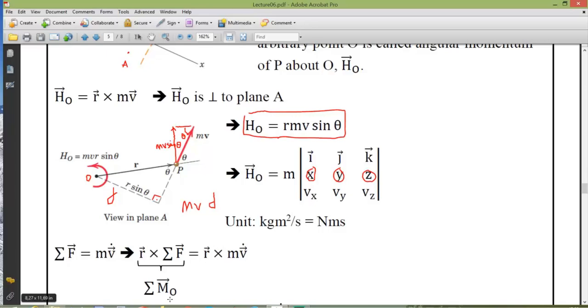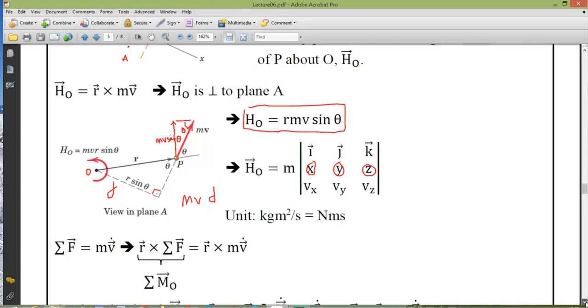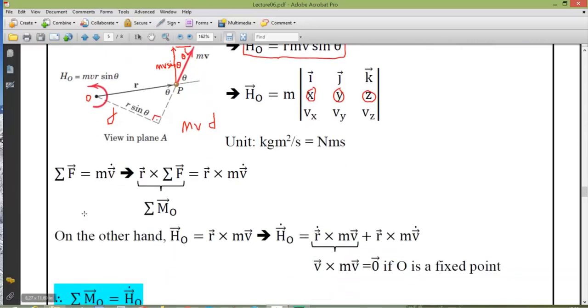Now, what we have learned in the previous lecture, lecture 6, about linear impulse and momentum is that we have Newton's equation, the modified version of it, as m v dot.